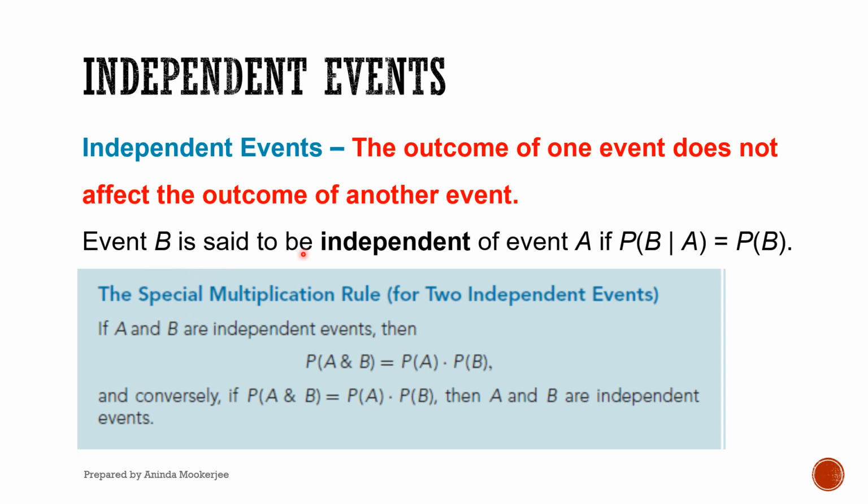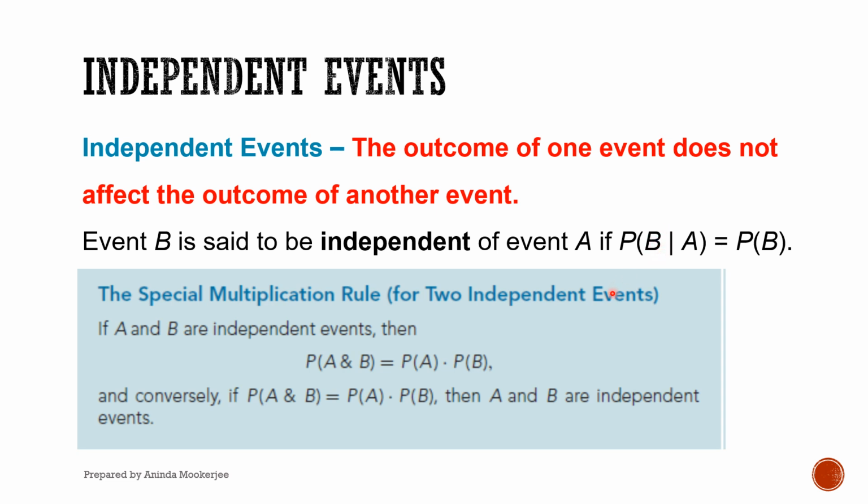Event B is said to be independent of event A if the probability of B given A equals the probability of B. That means the probability of an event is not affected by the given condition.